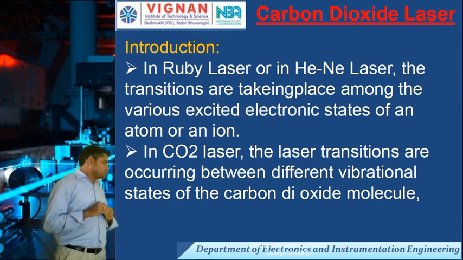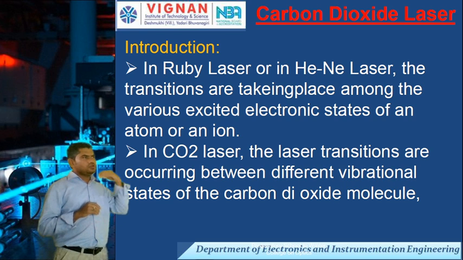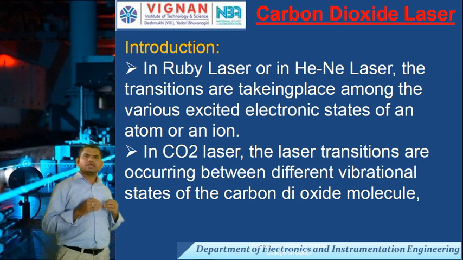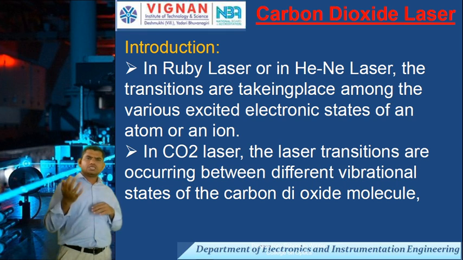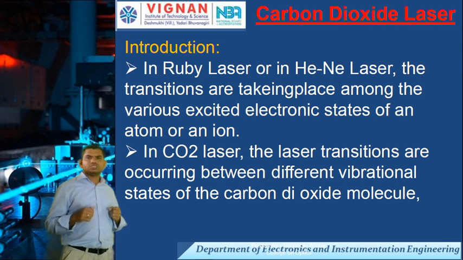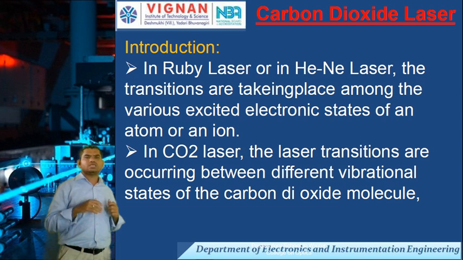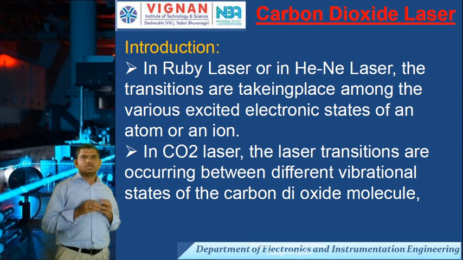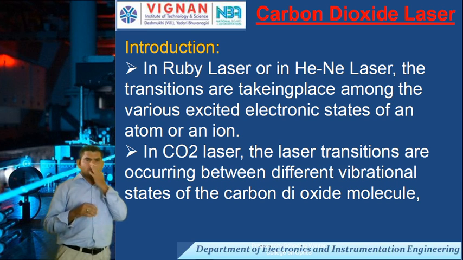Coming to the carbon dioxide laser: in the ruby laser and the helium neon laser, the previous lasers, the transitions take place among the various excited electronic states of the atoms or ions.